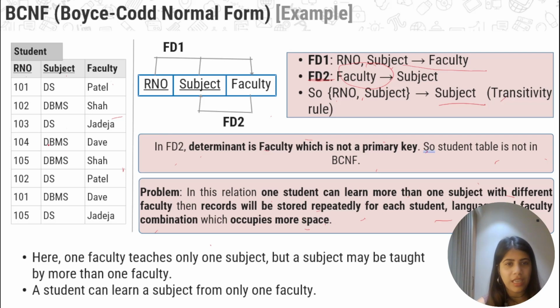Over here you see DBMS appears many times, and in the same way the faculty data is also repeated. Here one faculty teaches only one subject, but a subject may be taught by more than one faculty. So a student can learn a subject from only one faculty.